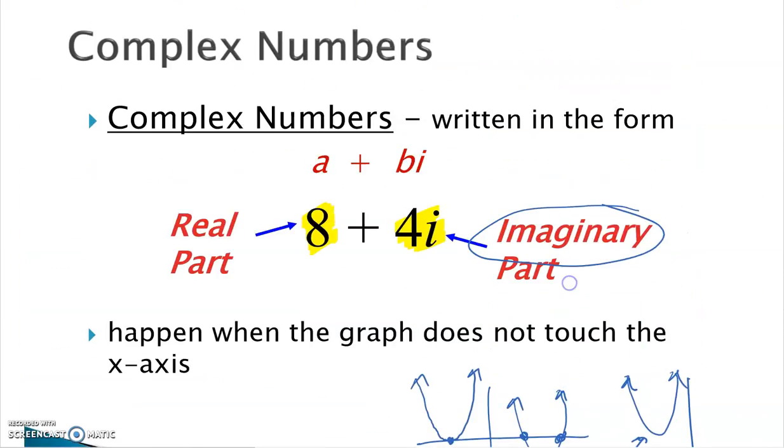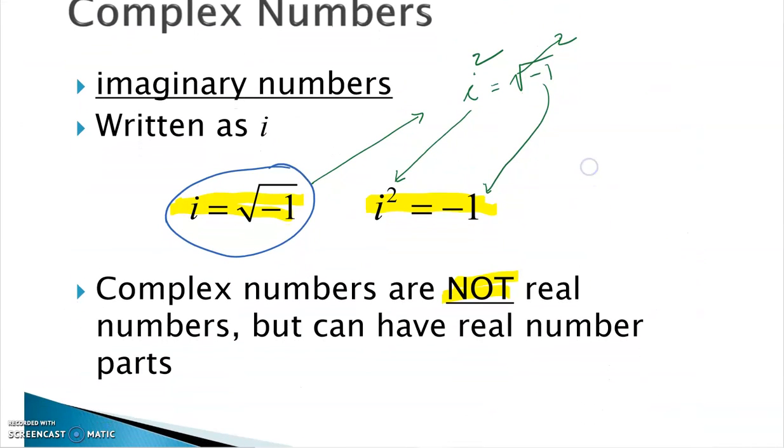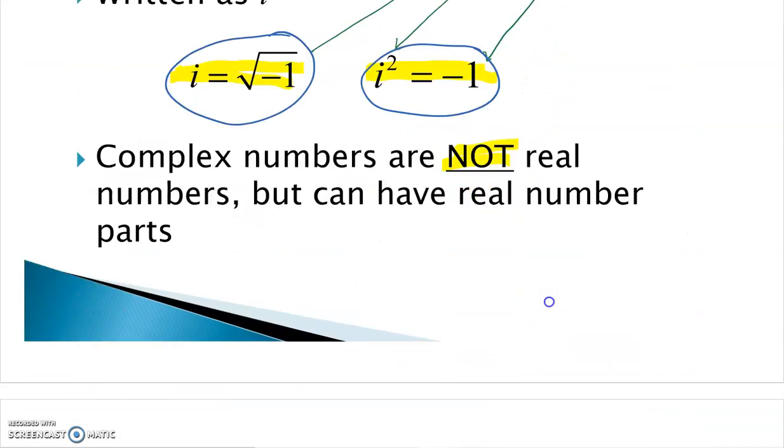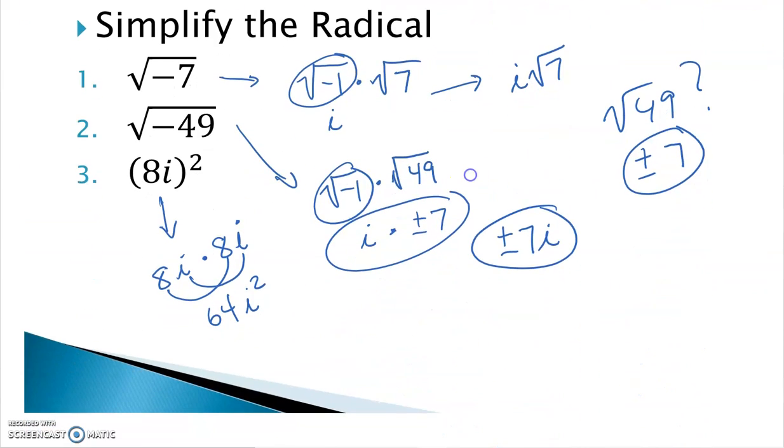And if you remember from earlier, i squared is simply -1. So when I run into an i squared, like here, I can just replace it with -1. So what this means is 64 times -1, which is -64. And that's what 8i squared ends up working out to being: -64.